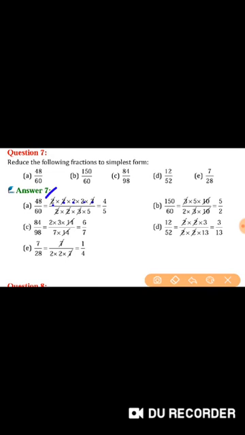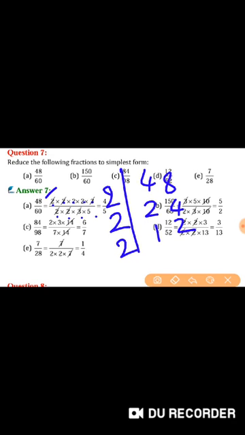60 we can write as 2 into 2 into 3 into 5. How have we done the factorization like this? How can we find it? 2 2s are 4, 2 4s are 8, remainder 0. Again 2 1s are 2, 2 3s are 6. Again 2 3s are 6, 3 1s are 3. So these are only 2 2 2 2 3.